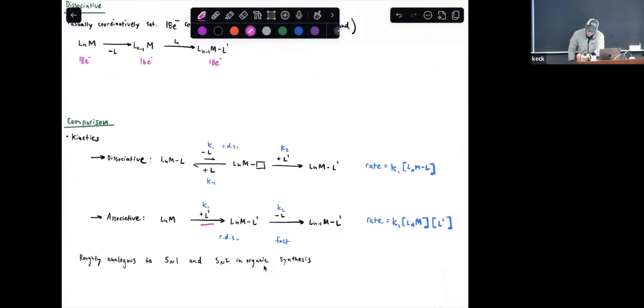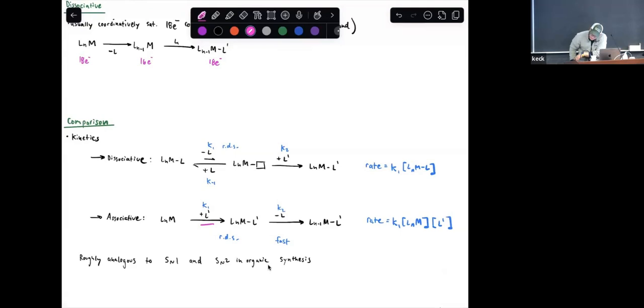The most common way to diagnose which mechanism is operative is to look at the rates of ligand substitution. In a dissociative mechanism, the slow step is loss of the outgoing ligand and coordination of the incoming ligand is fast.